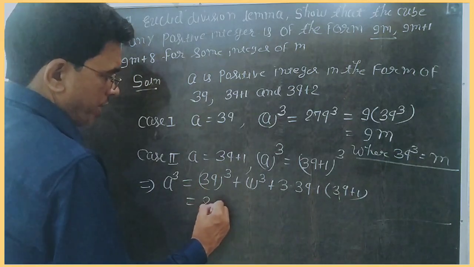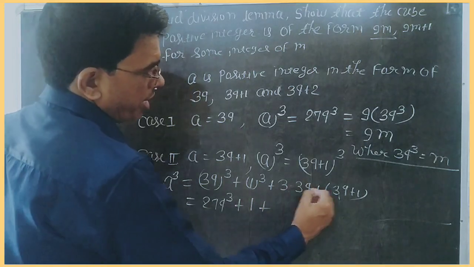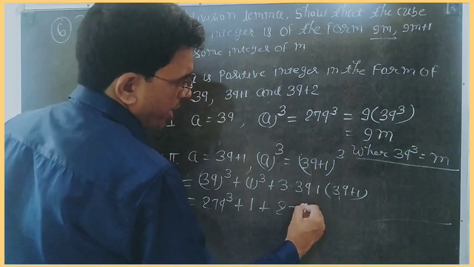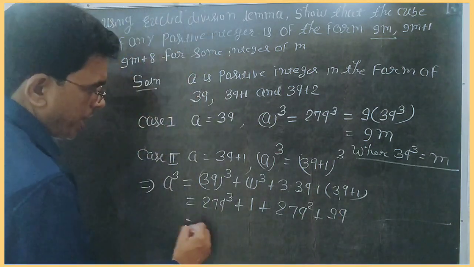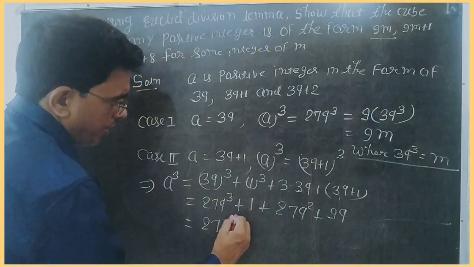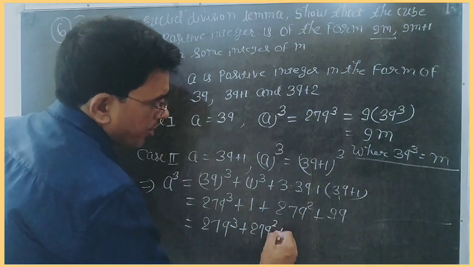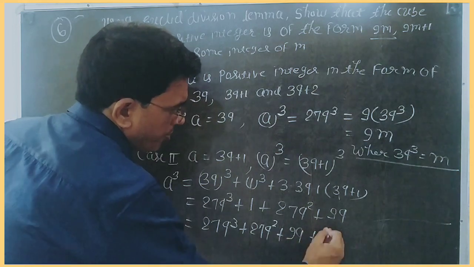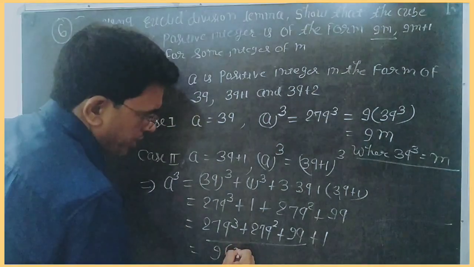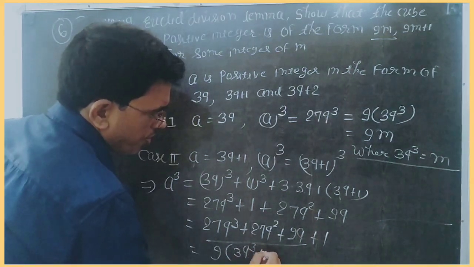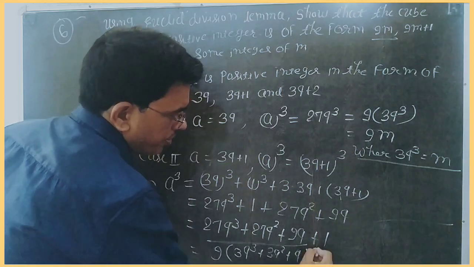Then it is 27q cube plus 1, 3 times 3 is 9, 3 times 9 is 27q square plus 9q. Now arrange: 27q cube plus 27q square plus 9q plus 1. Here 9 is common, so taking 9 common, we get 3q cube plus 3q square plus q.